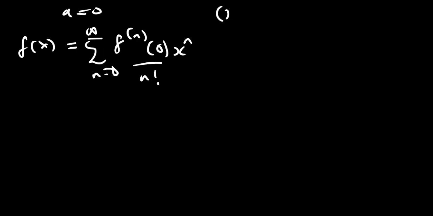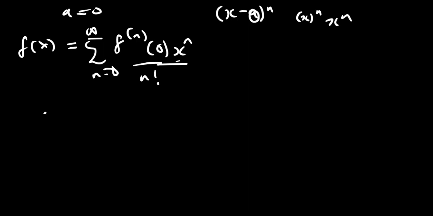Where we had x minus a, when we put 0, x minus 0 just remains x, to the power n. So when I replace a with 0, I get this.